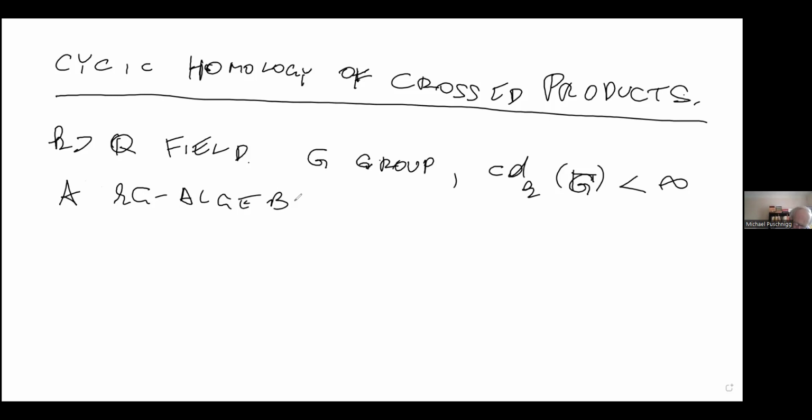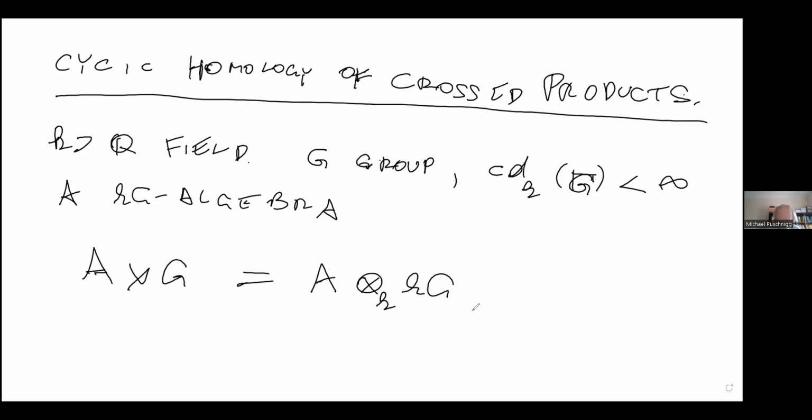And then you may form the cross product. To recall what the cross product is, the cross product of A by the action of G: as a vector space, this is just A tensorized over K with the group algebra KG.